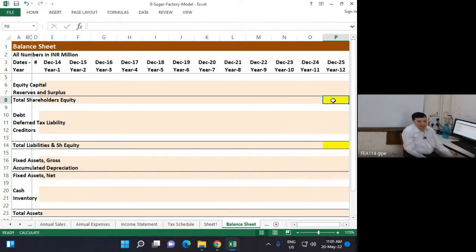Nothing needs to be calculated. You don't have to calculate anything. Everything is already computed in the other pages. Just link it.